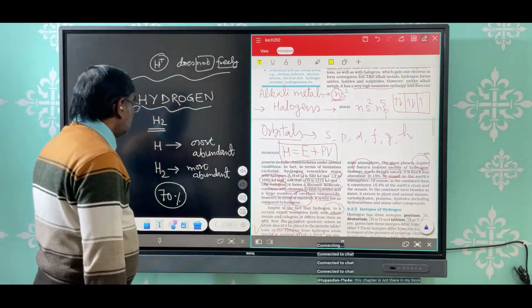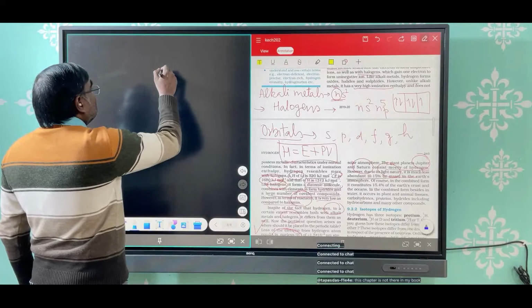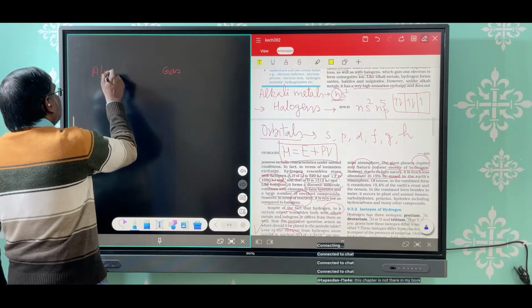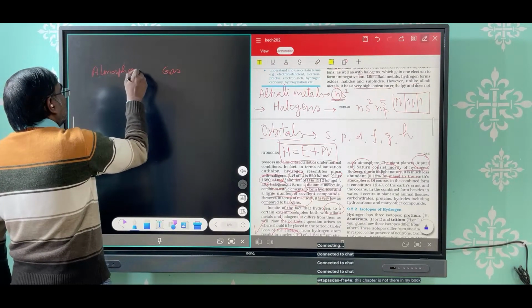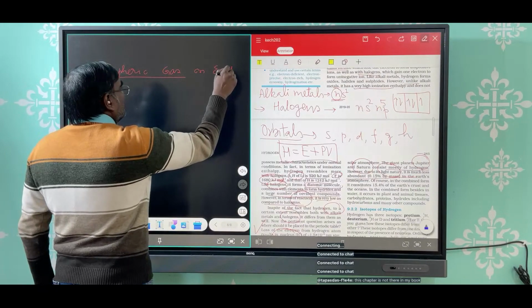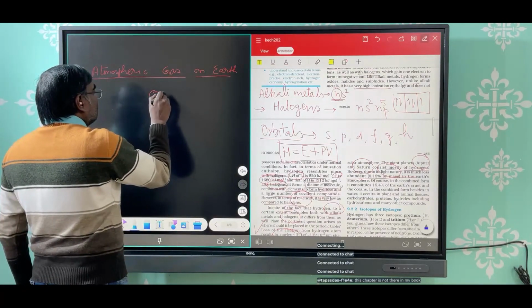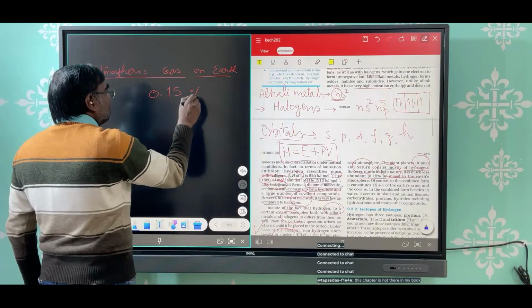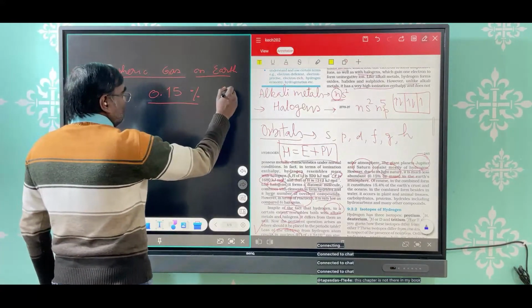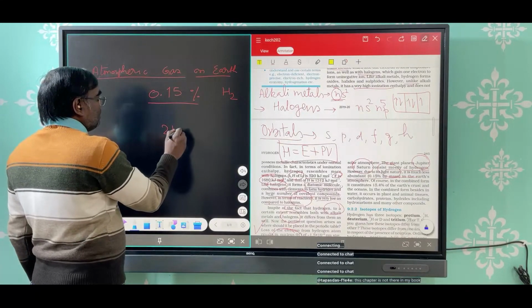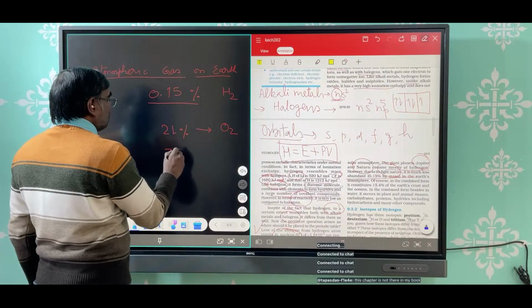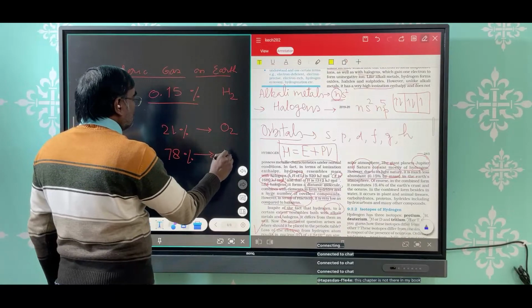In the Earth's atmosphere, of all atmospheric gases, only 0.15% is dihydrogen. Around 21% is what? Oxygen. 78% is what? Nitrogen.